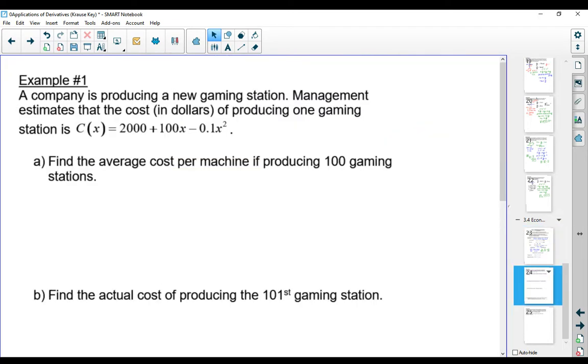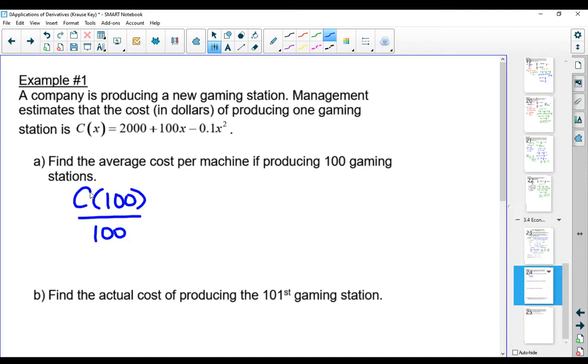The example we have here says a company is producing a new gaming station. Management estimates that the cost in dollars of producing one gaming station is given by that formula. The first question says, find the average cost per machine if producing 100 gaming stations. And so we have the cost of 100 gaming stations divided by the number of gaming stations.